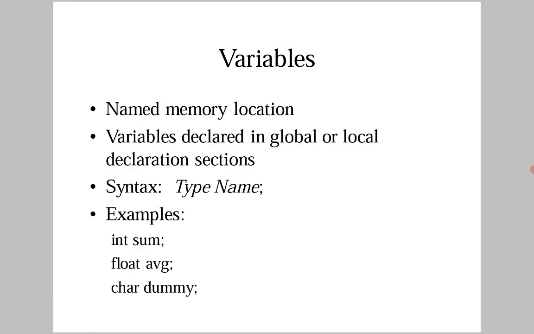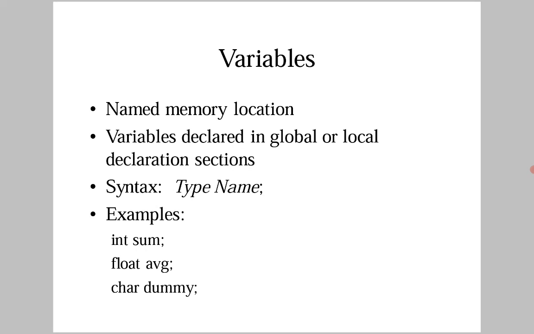Syntax: type name. How do we create variables in C language? The syntax is type space name. Examples are int sum, float avg, char dummy. What is the type?